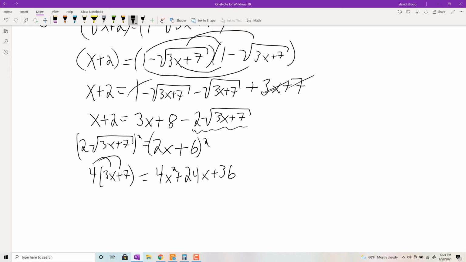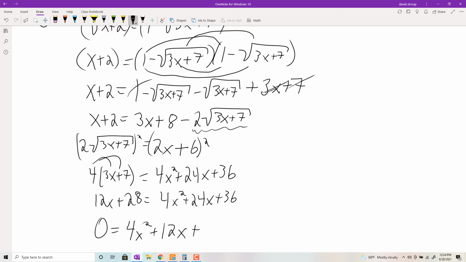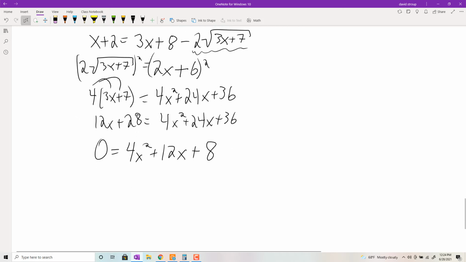Let me distribute first. So I have 12x plus 28 equals this 4x squared plus 24x plus 36. Subtract over to set it equal to 0. So 4x squared plus 12x plus 8. And then I think I can factor out a common factor of 4.